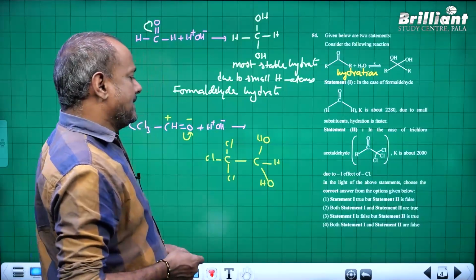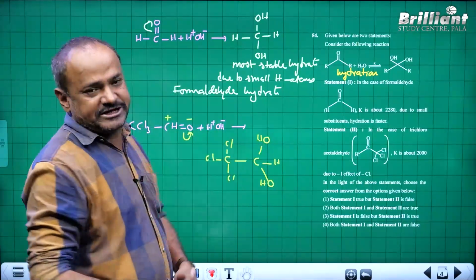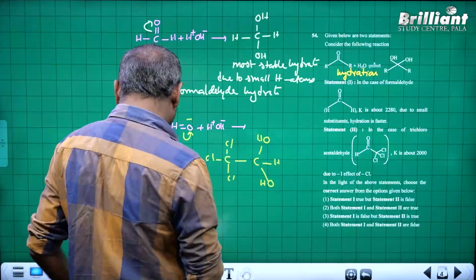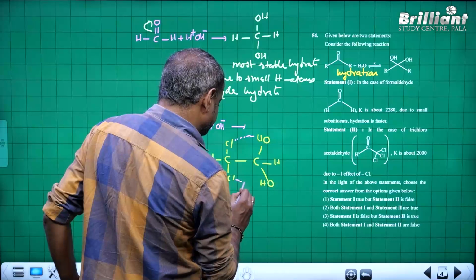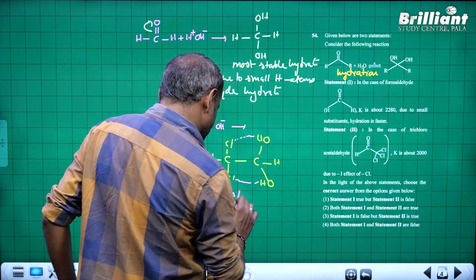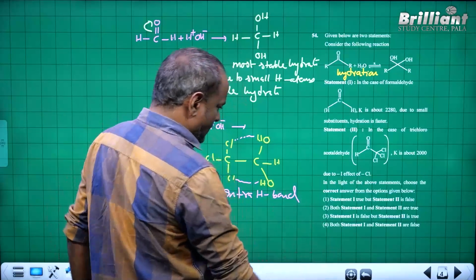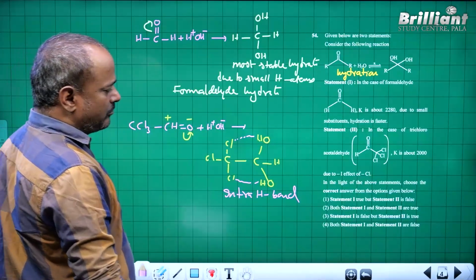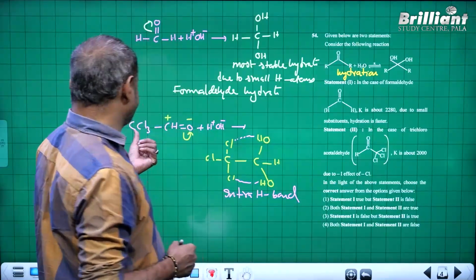That is one reason. The second reason, the most important one, for the existence and stability of this compound is intramolecular hydrogen bonding. The minus I effect is correct because of the strong electron withdrawing effect of CCl3.